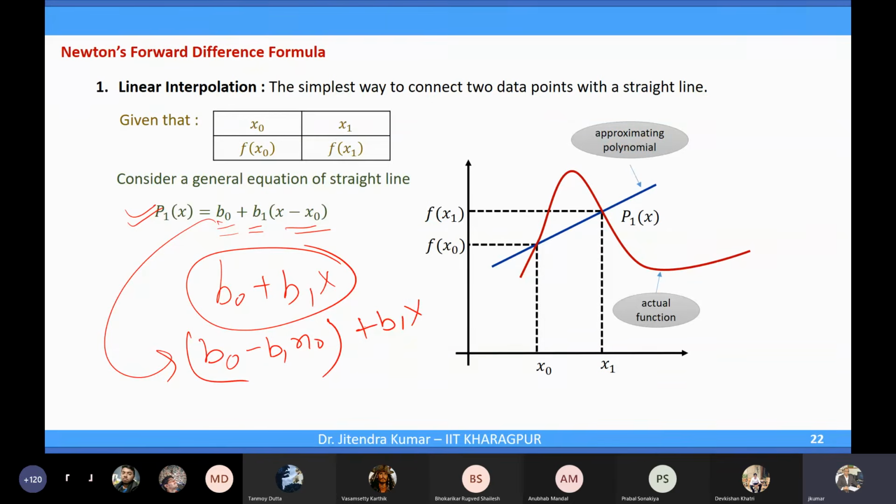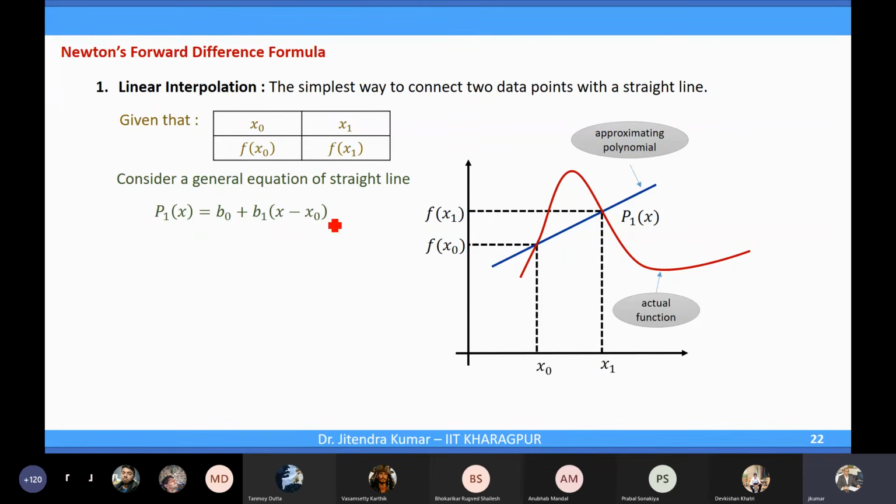Our format is just a constant plus another constant times x, but we have written it in this way for some reason. We can easily compute b0 and b1. This is a linear polynomial, so don't get confused. There are two unknowns, b0 and b1, only we have written the straight line in this format.